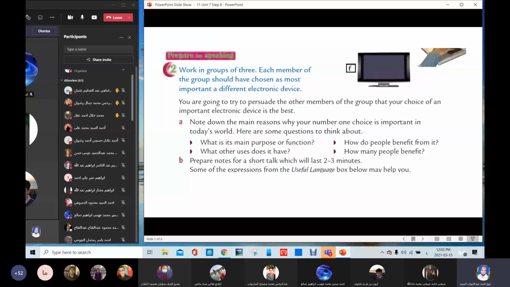Okay, please write. Prepare notes for a short talk, which will last 2 to 3 minutes. I'll give you the chance to present your topic in front of the class. Some of the expressions from the useful language box may help you. So you can use this useful language box here. Give reasons.